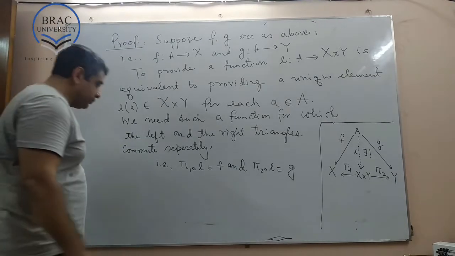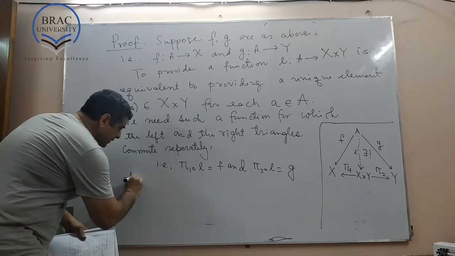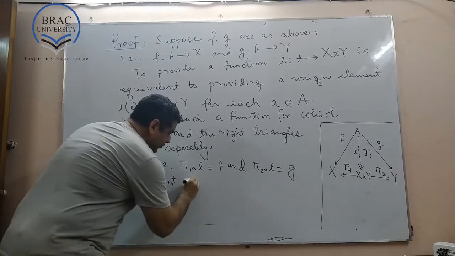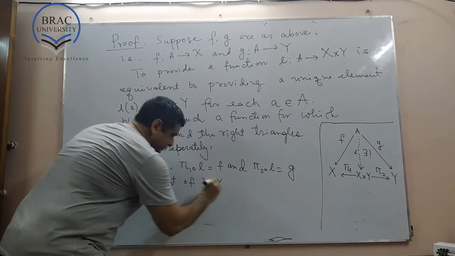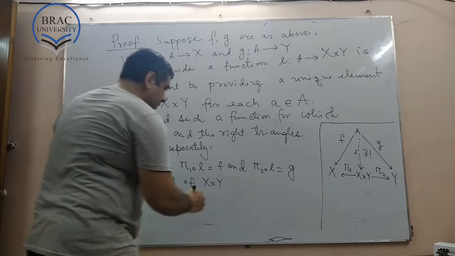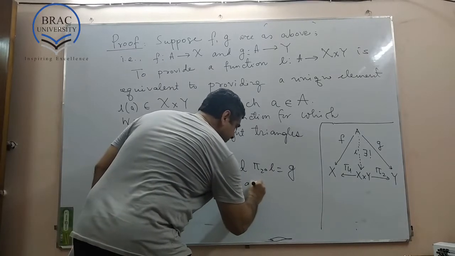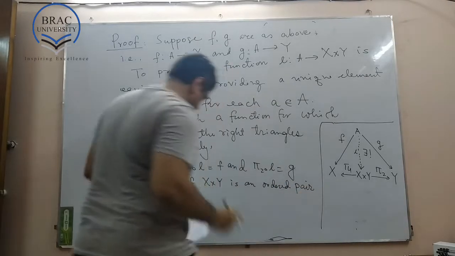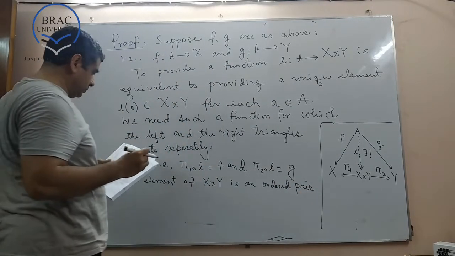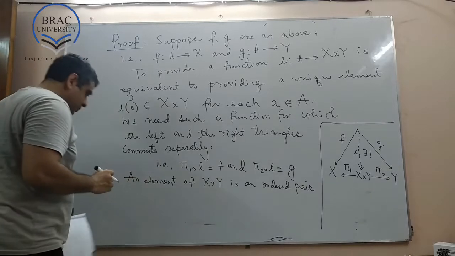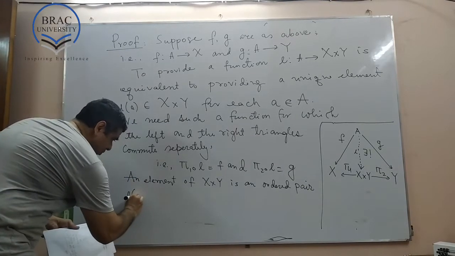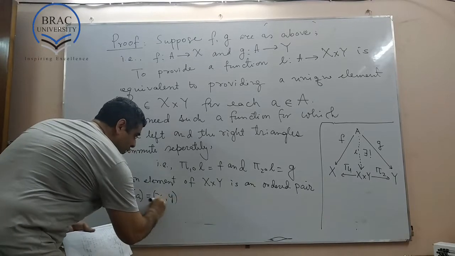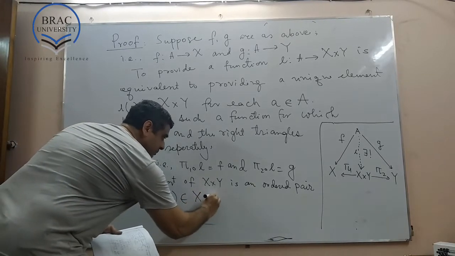Now observe that an element of this product is an ordered pair of the form x comma y.